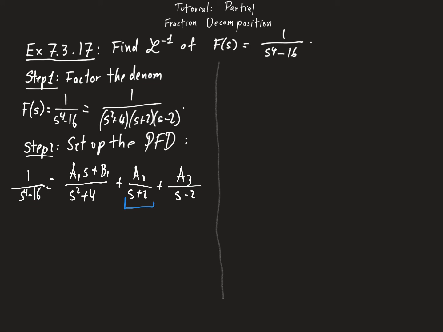And again, this is rule 1 for that s plus 2. This is also rule 1 for that s minus 2. So both of these two used rule 1. And then this term comes from rule 2 for that s squared plus 4.